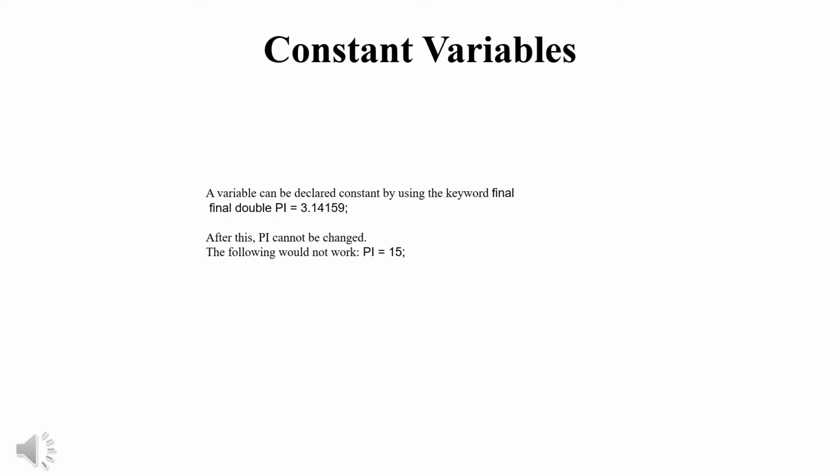So for example, as you see in this example, we have final double pi equals the value, right? So by using final, you are saying to the compiler that you want your variable to be constant. So during your program, the value of this variable will not change at all.